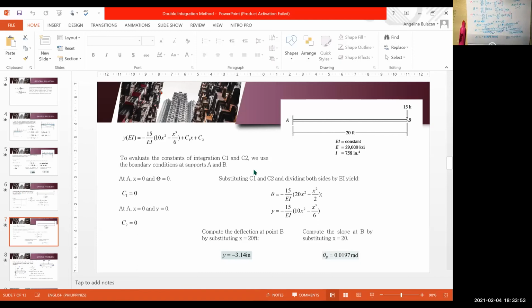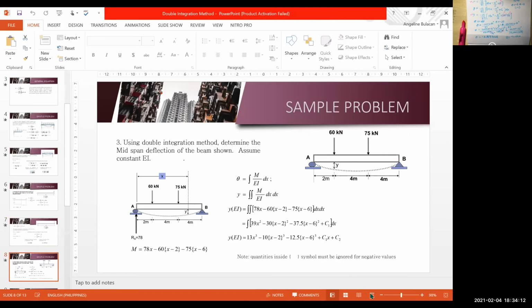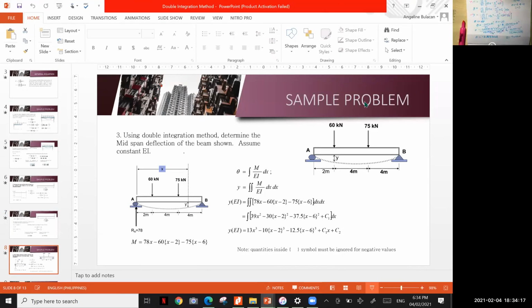Now, kung mapapansin nyo, yung first two examples natin, they are both a single segment lang. Isang cut lang yung ginawa natin kasi single segment lang siya. For this next example, nahati siya sa tatlong segment.